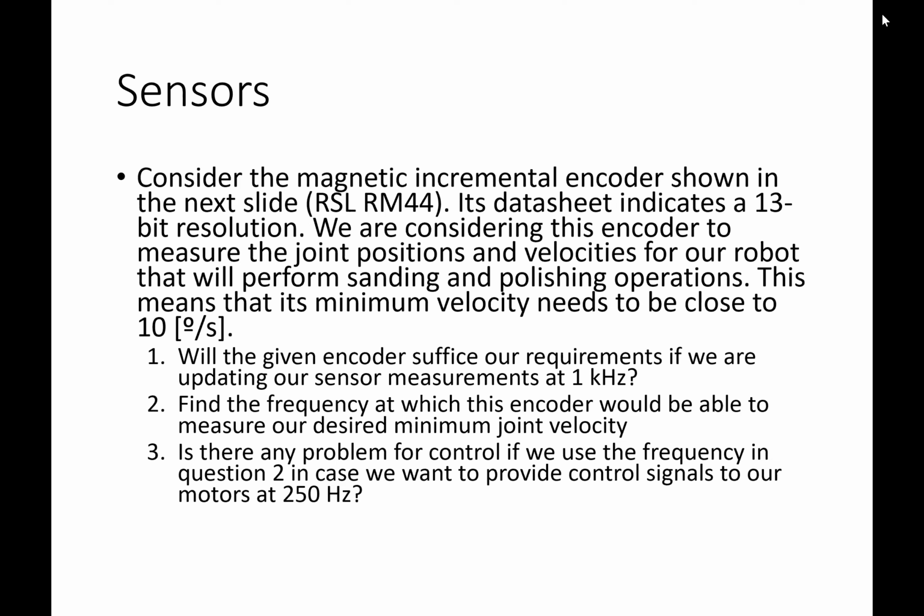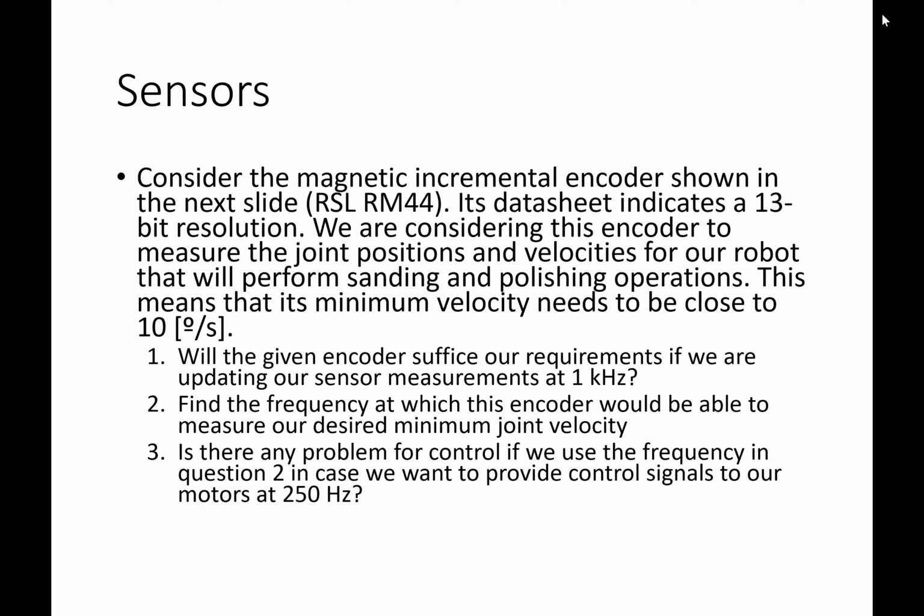So the exercise reads: consider the magnetic incremental encoder shown in the next slide. I'm going to show you the next slide afterwards. The sensor is an RLS RM44, and the data sheet of the sensor indicates a 13-bit resolution. We're considering this encoder to measure the joint positions and velocities for a robot that will perform sanding and polishing operations.